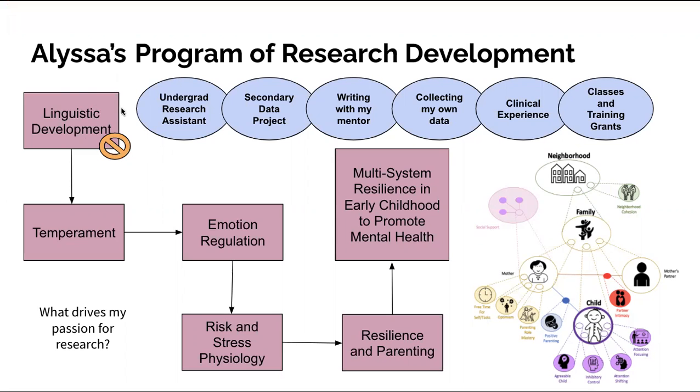My path actually started off in a linguistics lab, where we were working with monolingual and bilingual individuals and thinking about differences in neurological functioning and executive functioning, based off of whether you're bilingual or monolingual and when you gained that second language.